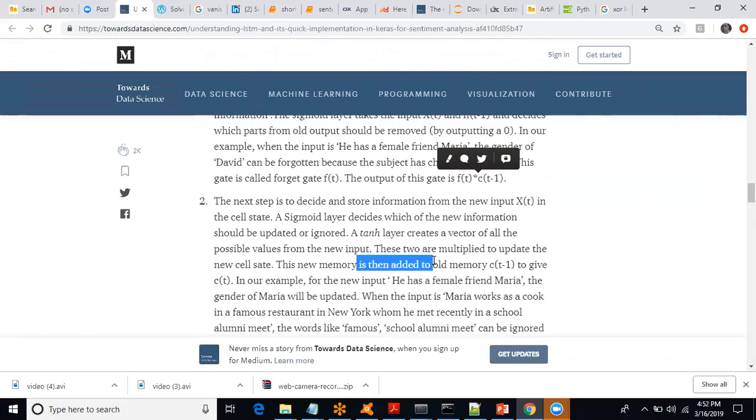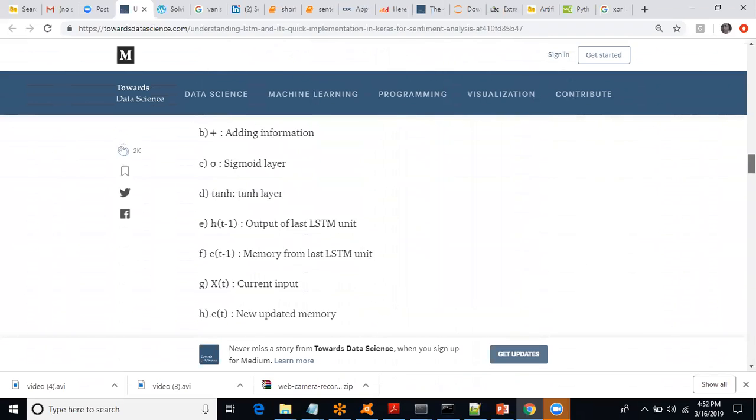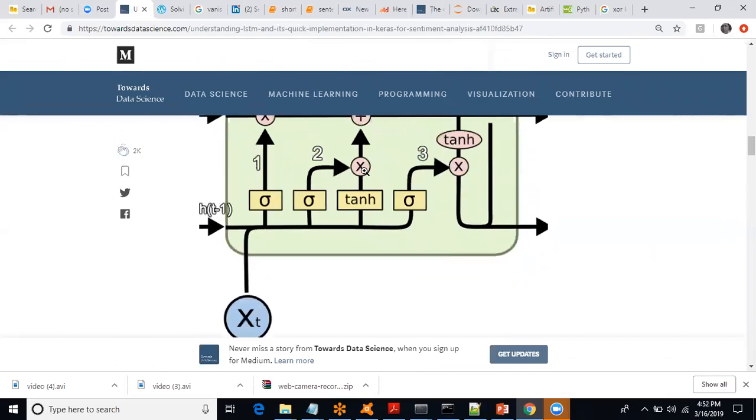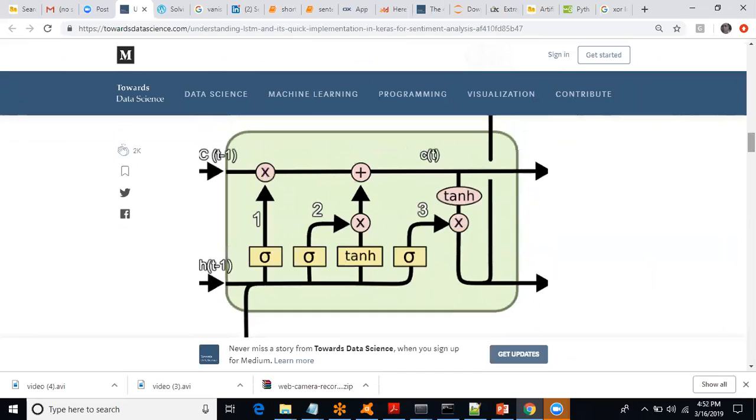The new memory is added to f of t times c of t minus 1 and will give c of t. The new memory we have created has all the valid information. First we talked about this one, to keep only the good information.